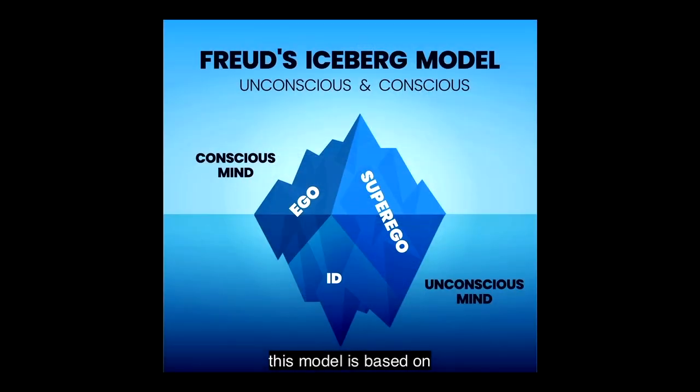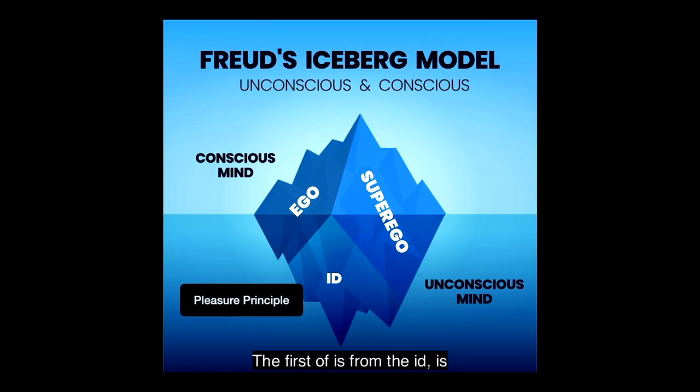Now, this model is based on principles that Freud developed. The first is from the id, which is continually seeking pleasure. So the pleasure principle is the primary force in the moving of the energy within our personality.